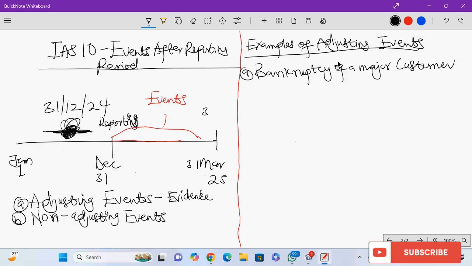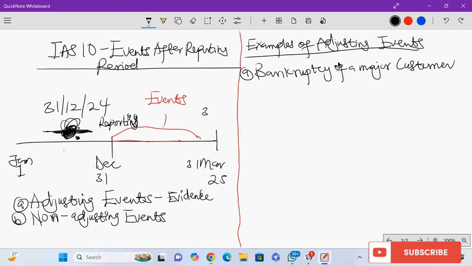Why? Because there's a particular customer who is not paying his debt. You go to the house, he'll give you stories. So there's evidence of its existence. There is a sign in the financial statement from January to December that this customer is likely to go bankrupt.